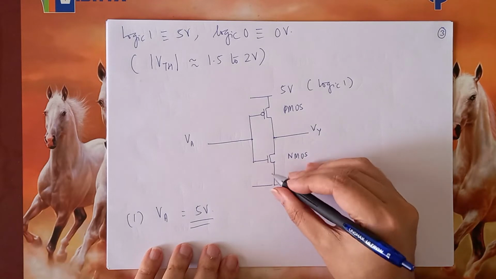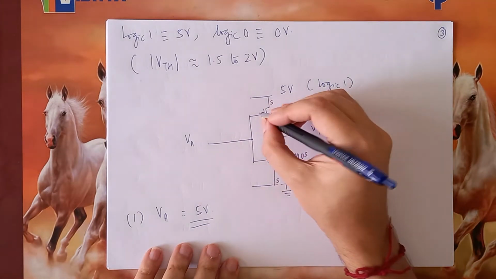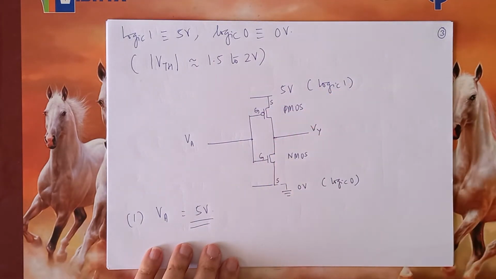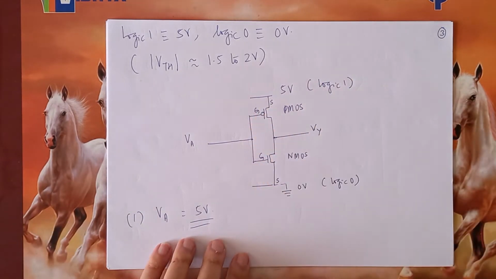Let us define this as the source for the NMOS and this as the source for the PMOS, and this is the gate. I am defining the source because in general source and drain can be interchangeable. So in this case, let us see what is happening.